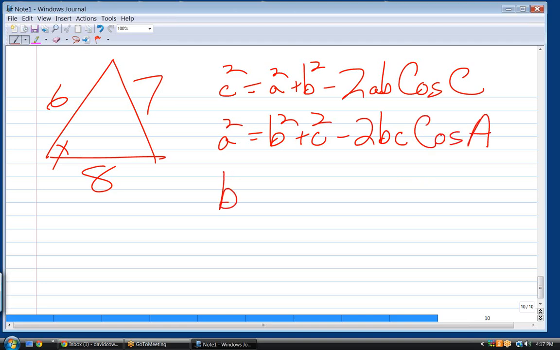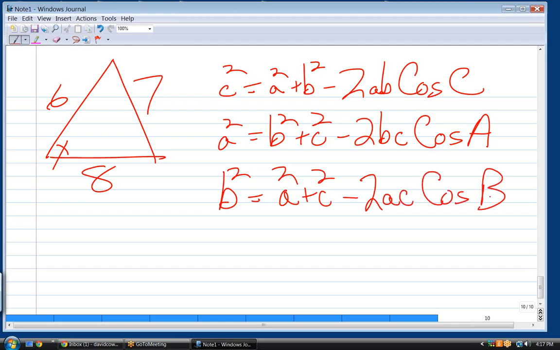And finally, the third one is b squared equals a squared plus c squared minus 2ac cosine of b. Do you see the pattern? In other words, these two letters are always these two letters. This angle is always the angle opposite that side.